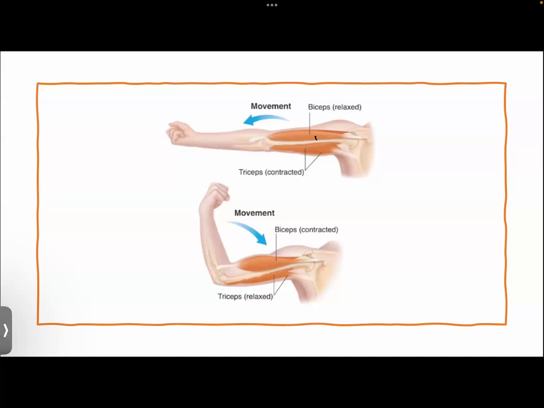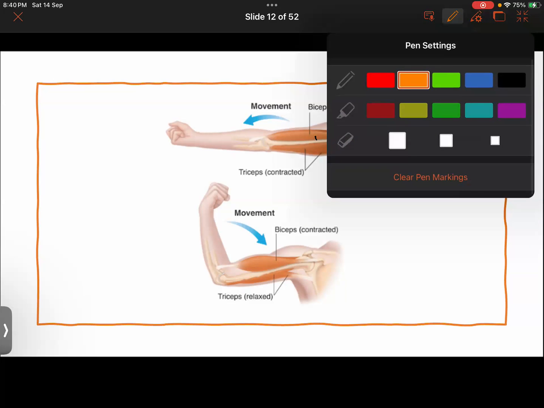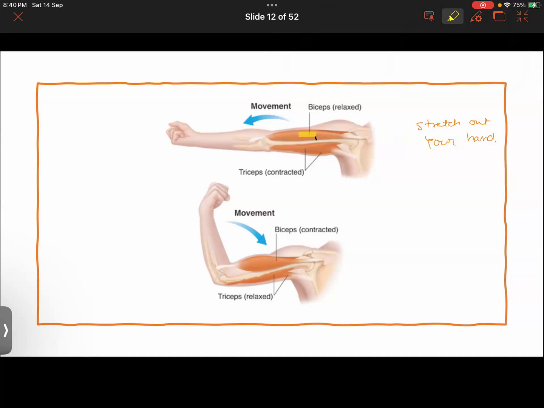Getting it? You can observe it from this, like when you will be stretching out your hand as shown in the diagram. So when you look at the size of the biceps, it will be lesser. So just a common observation, you can observe this.